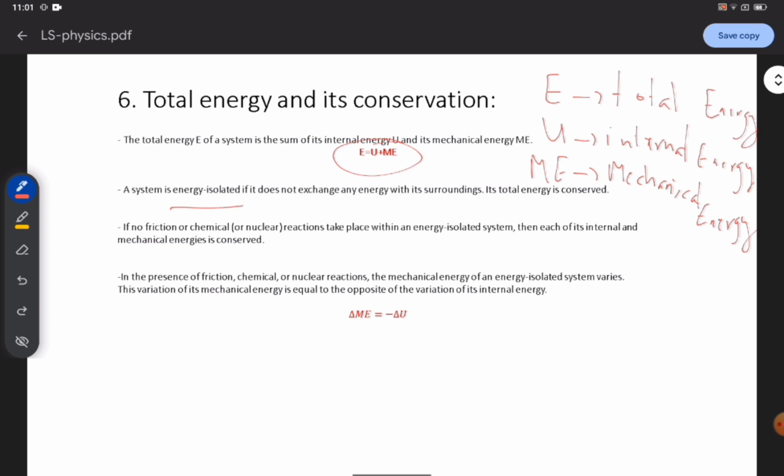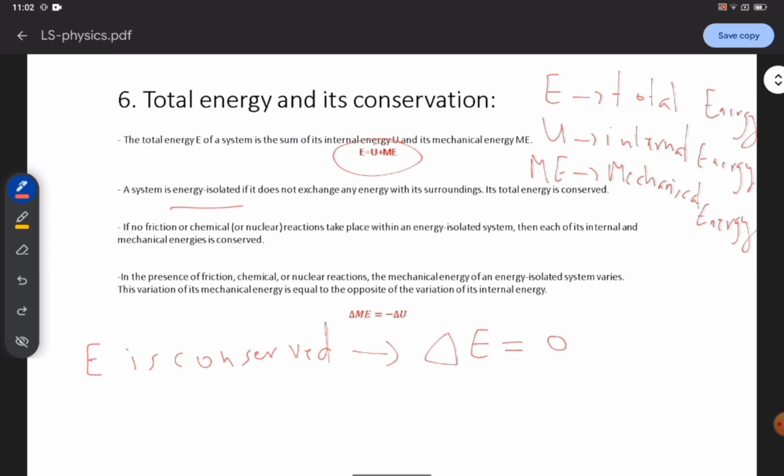Okay, an isolated system is a type of thermodynamic system that does not exchange matter or energy with its surroundings. In other words, neither heat nor particles can enter or leave an isolated system. So, when the system is isolated, the total energy E is conserved. So delta E equals 0.